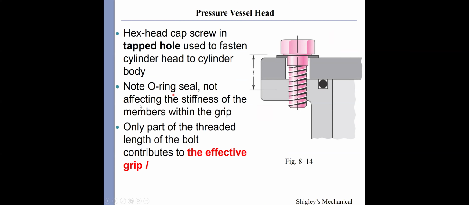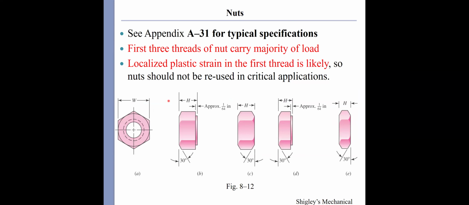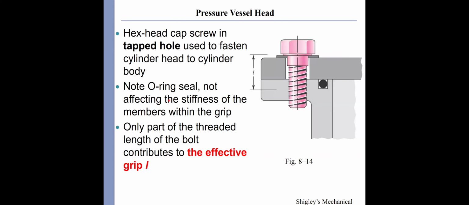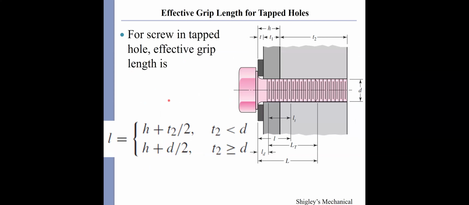Note the O-ring seal does not affect the stiffness of the members within the grip, and only part of the thread length of the bolt contributes to the effective grip length L. So it depends on the definition of the screw thread type. This is the definition of the effective grip length.